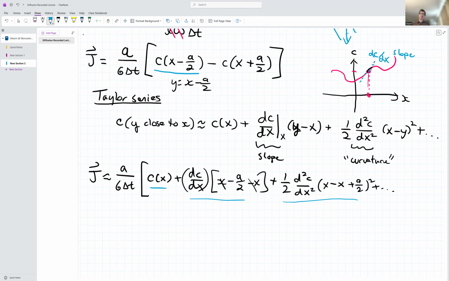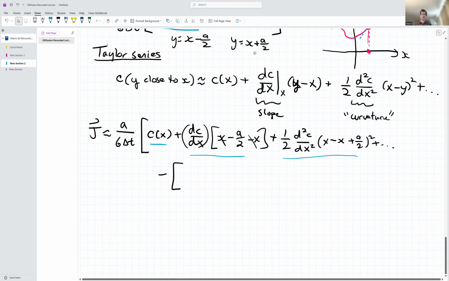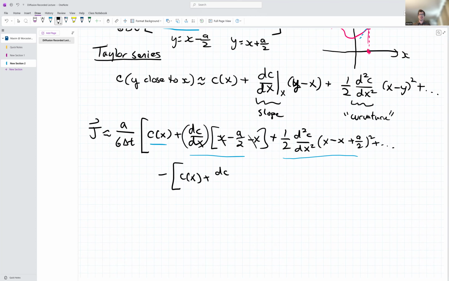Now we subtract the second one. For this one, y is equal to x plus a over 2. We need to approximate the function on the other side of x. So we again have c of x plus dc dx, and this is now x plus a over 2 minus x.